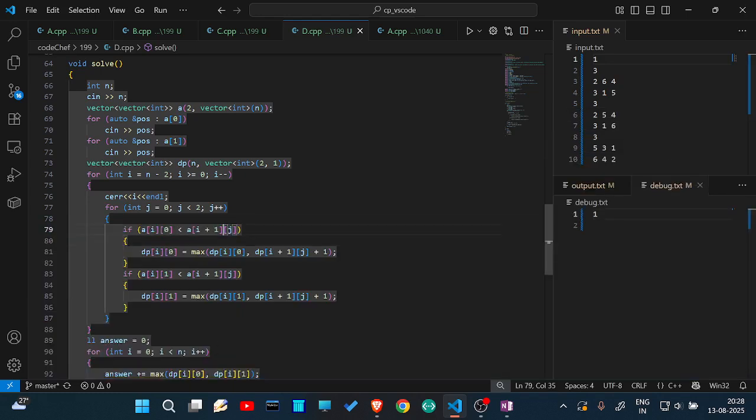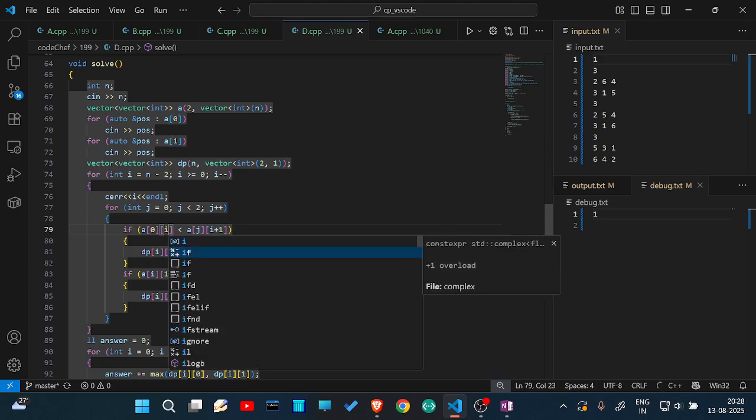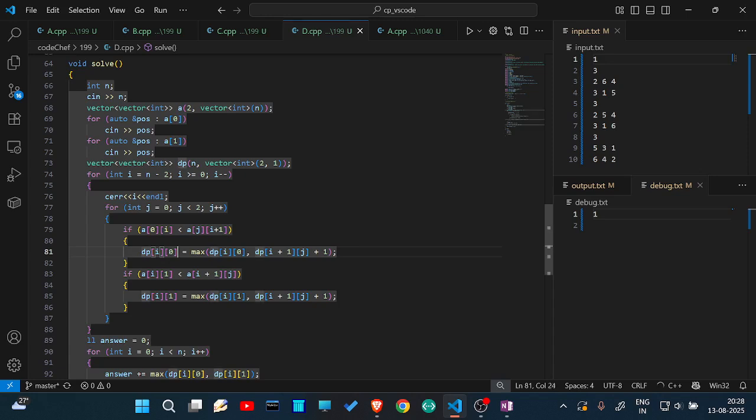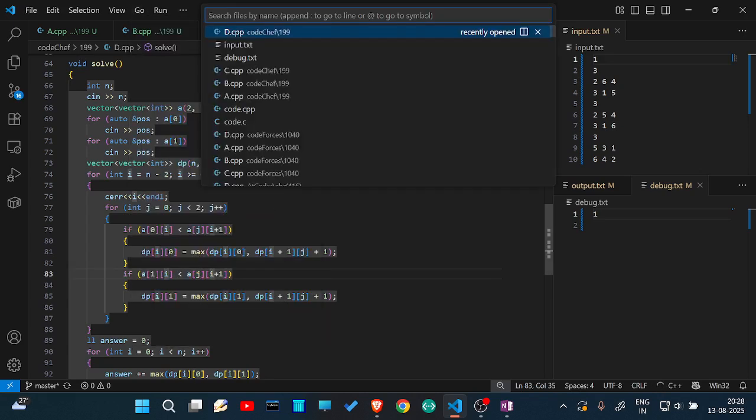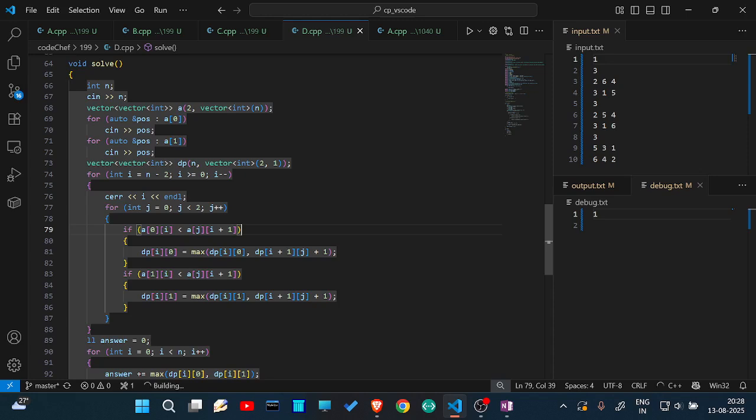Okay, fine. Okay, up to 1 comma I, I just got the solution. It's just of k comma I plus, cout there.